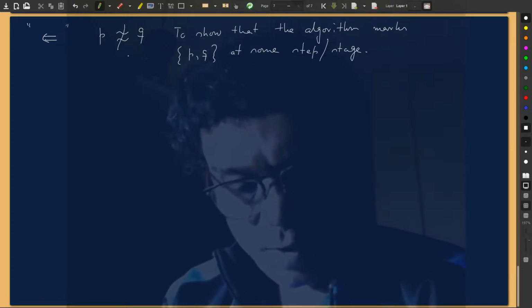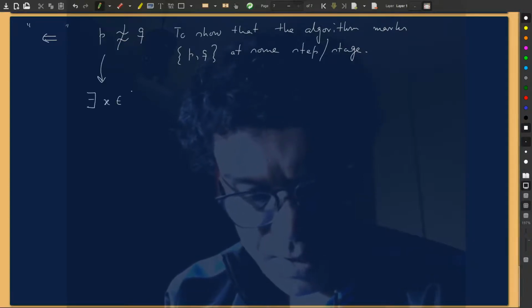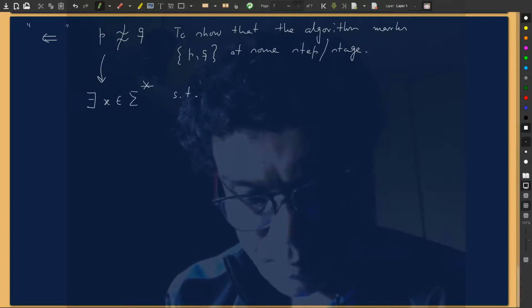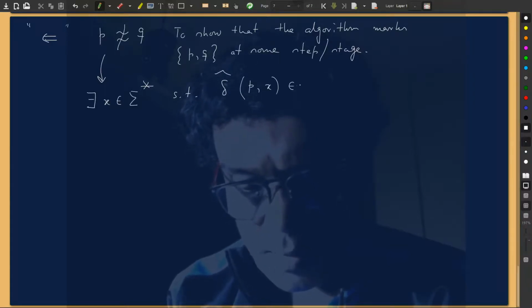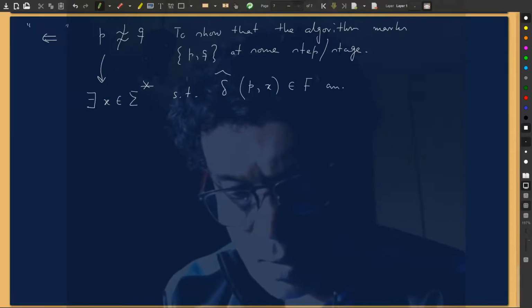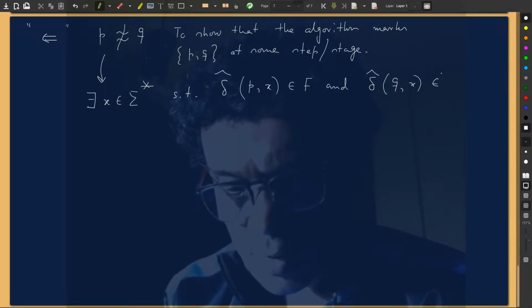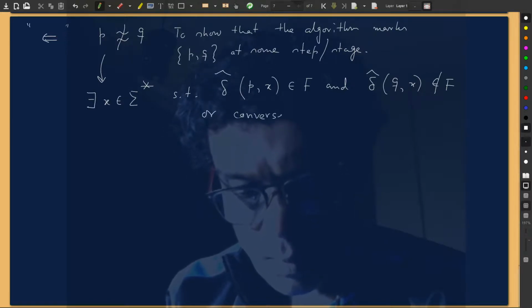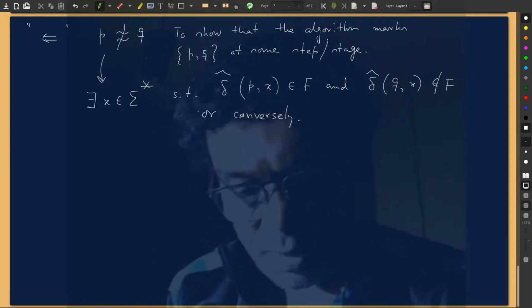Since P is not equivalent to Q, this implies there exists some X in sigma star, by definition of this congruence or equivalence relation, such that delta hat of Px is in F and delta hat of Qx is not in F. Either this or just the opposite: this is not in F, this is in F. Okay, this is another possibility.